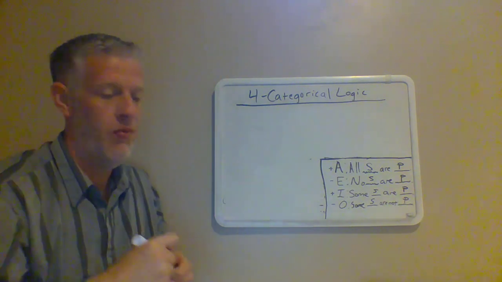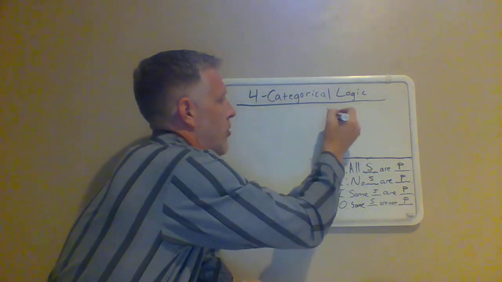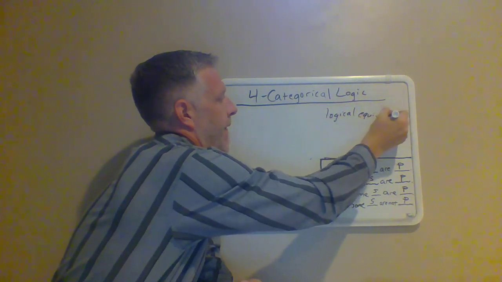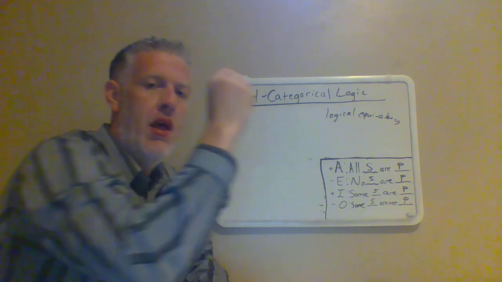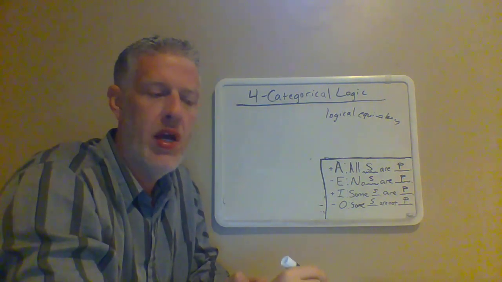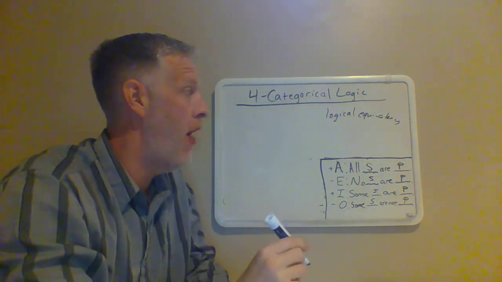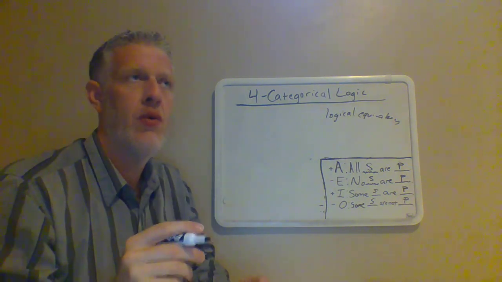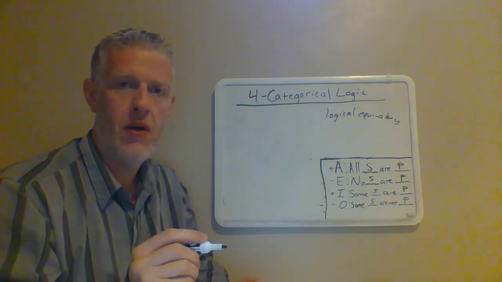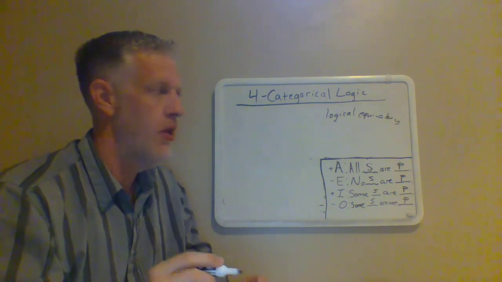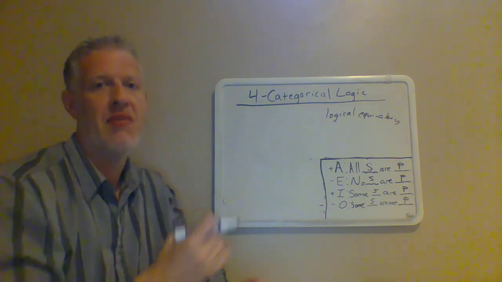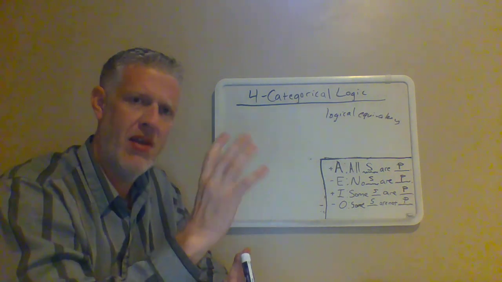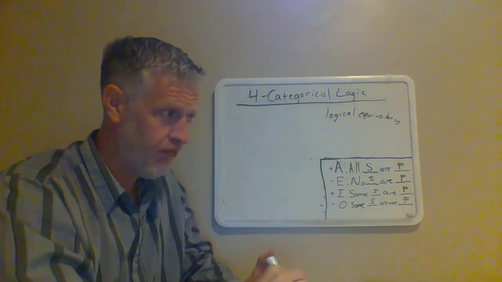So what do we mean by logical equivalency? Again, we just mean has the same truth value. If two claims are logically equivalent, they will have the same truth value at all times. It will never be the case that one is true while the other is false. If one's false, the other will be false. So logically speaking, they're saying the same thing, even though in an everyday sense what we started with might seem slightly different.